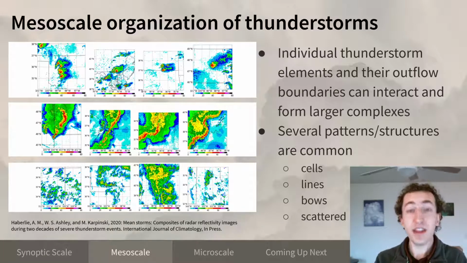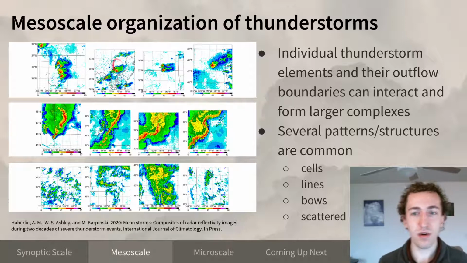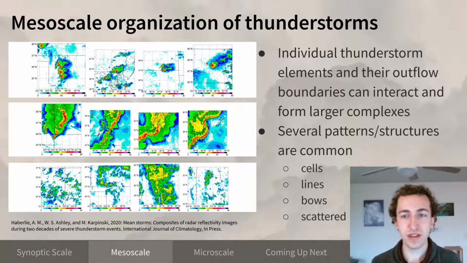There are a lot of these patterns that occur often enough that we recognize and work with them and give them certain categories. This first one up here, we call cells. They're individual thunderstorms, and they tend to be organized in this cellular way where we can see them all distinctly. We also have patterns that we call lines.